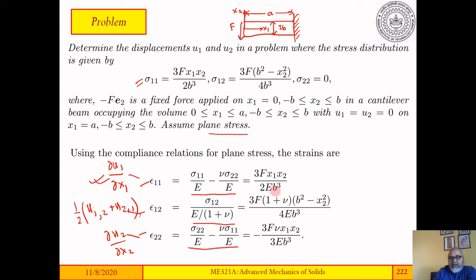So we are going to integrate this with respect to x1. So we'll get x1 square by 2, and then a function of x2. We will integrate this with respect to x2. We will get x2 square here and a function of x1. Then we are going to put both the expressions into epsilon 12 and try to determine the functions. This is what we had done before also, and we also had a few problems in your quizzes.